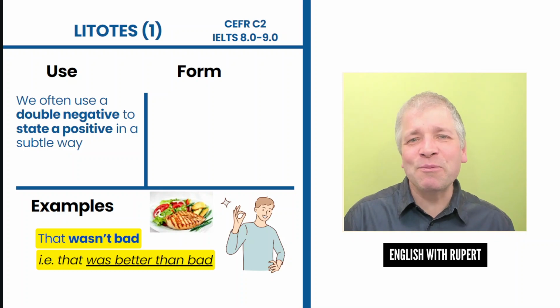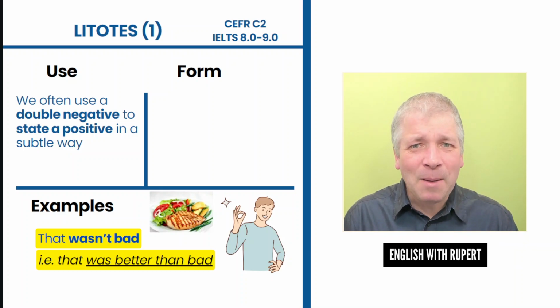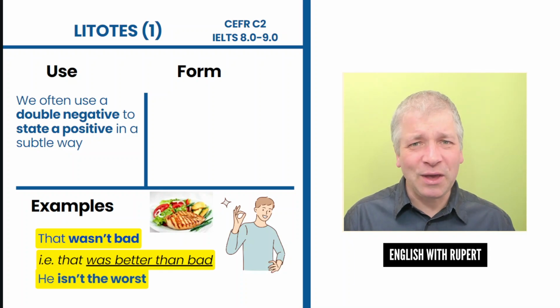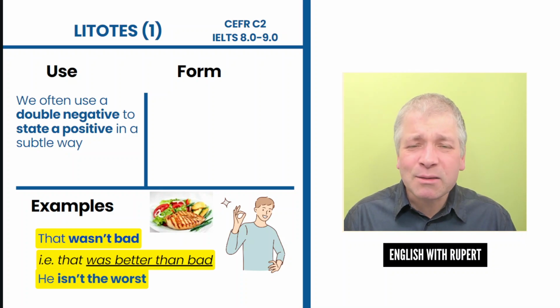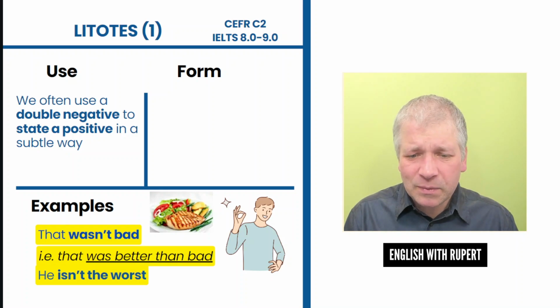Another example is when you might be describing another person, and that person you describe like this: "He isn't the worst." He isn't the worst. What does this mean? Well, it really means this.